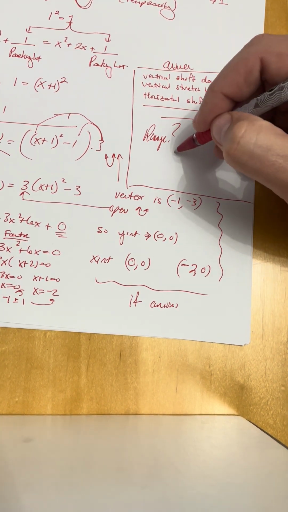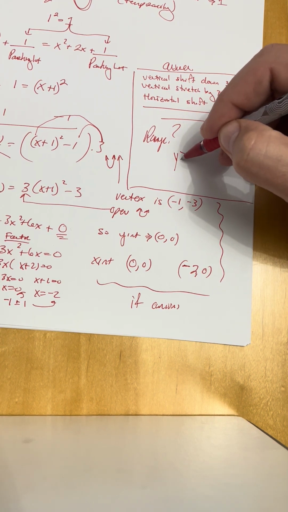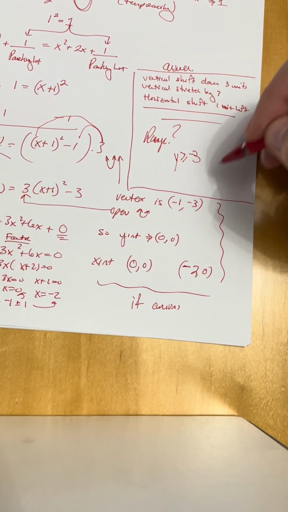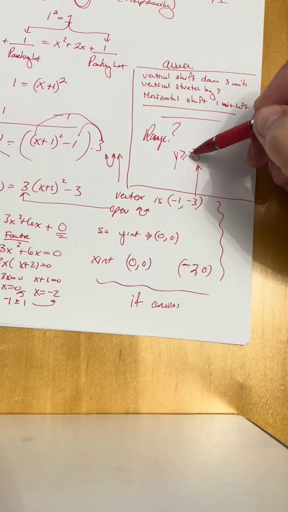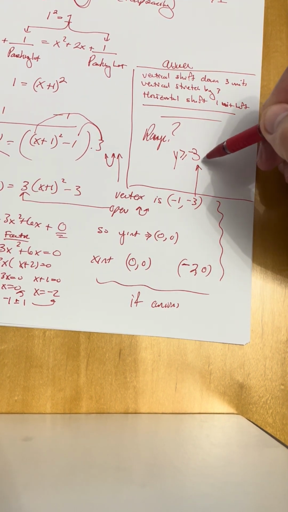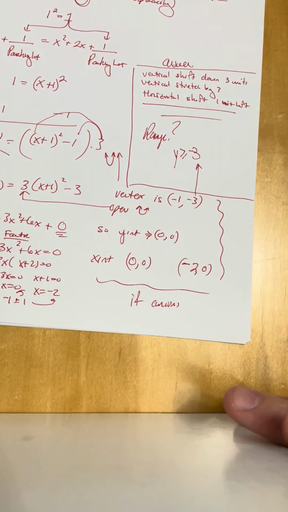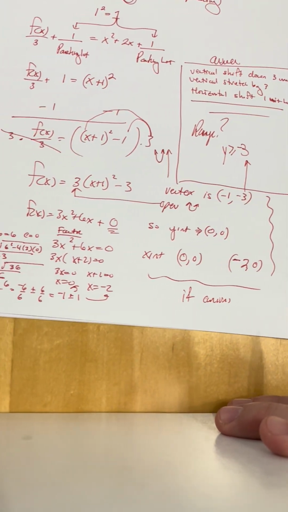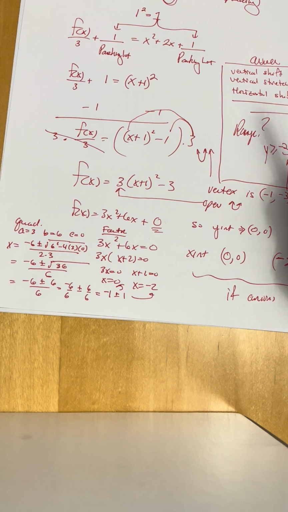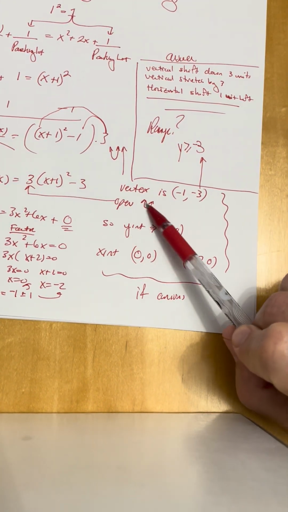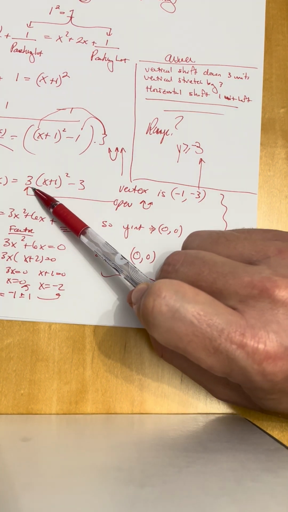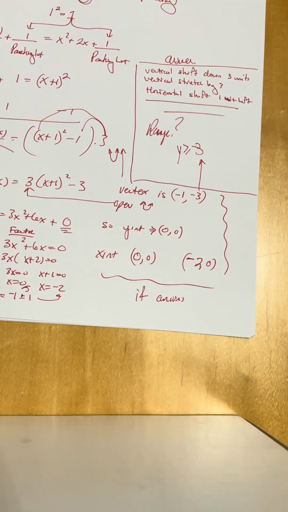So our range is y is greater than or equal to -3. It's this value. If it opened down, then you would just say y is less than or equal to that value. Okay, now let me scoot back over here. The answer is up over there, but this is just some extra stuff. It does open up, and the reason is that the a is a positive.